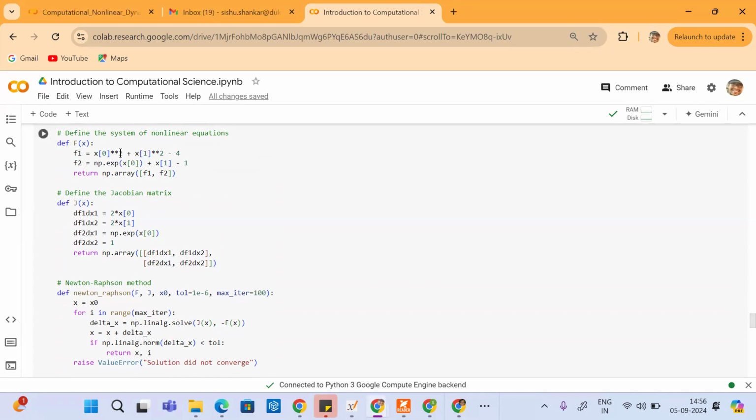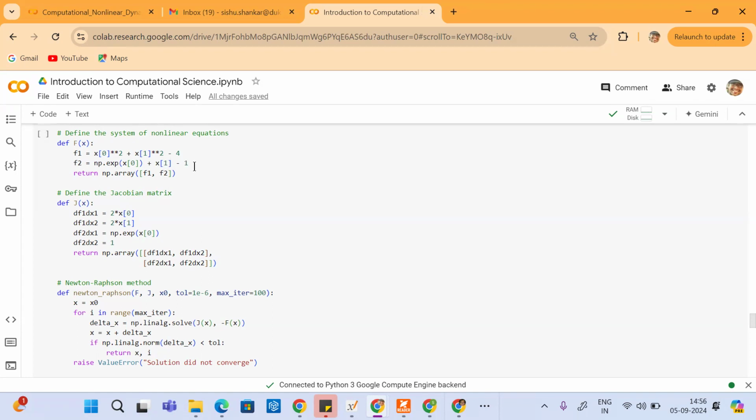Okay. So x0 square, that we denote by double asterisk in Python. The power we denote by double asterisk in Python. x1 double asterisk 2, that means x1 squared again minus 4, right? And this is the second equation F2, that is e to the power x1 plus x2 minus 1.